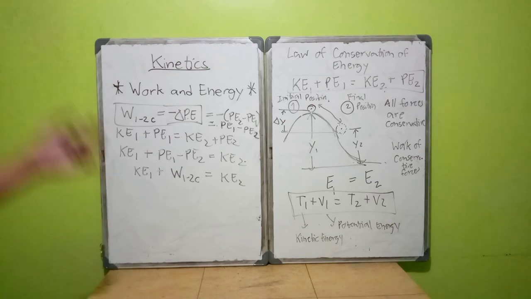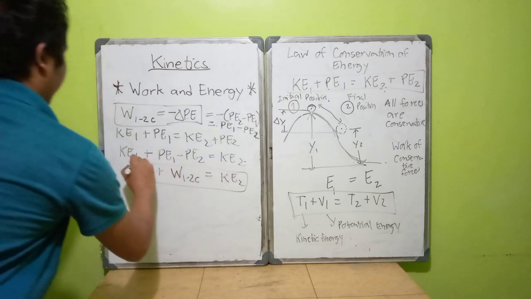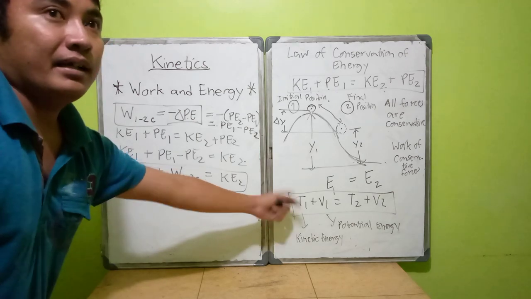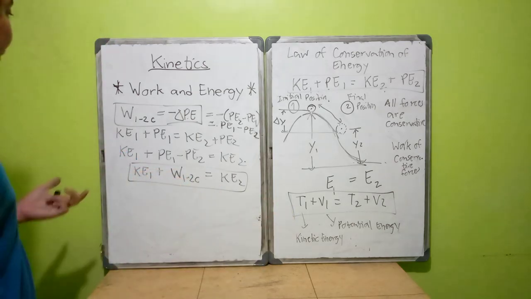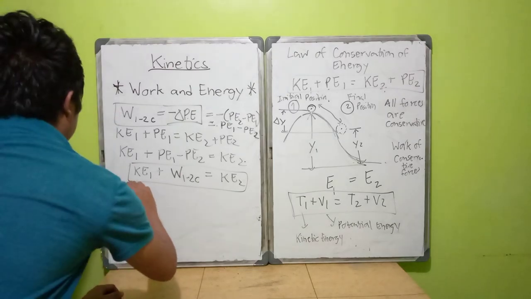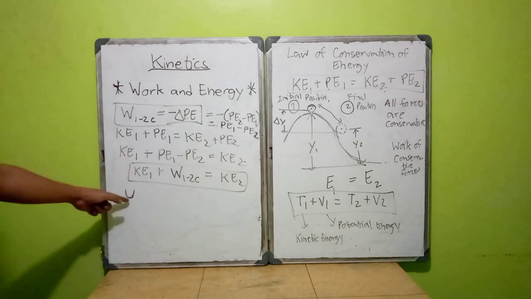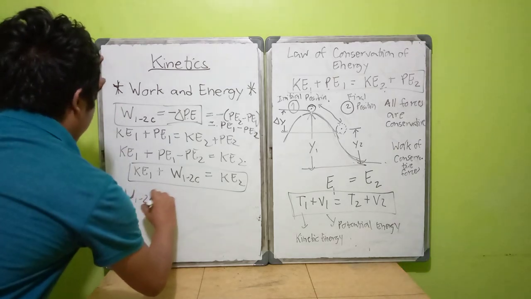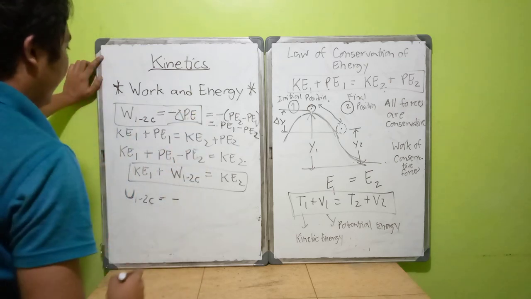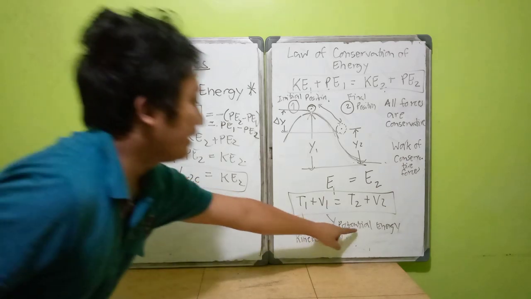In other words, we use these denotations T, U, and V. You can also rewrite this, since in other books, instead of W you use U. So U1 to 2C is equal to negative change in V, where V here is the potential energy.